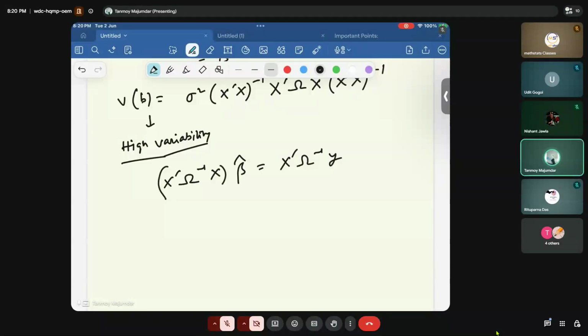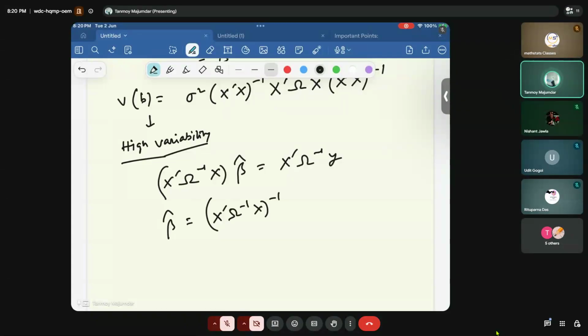Okay, both side में ये normal equation था बस omega inverse नहीं था last दिन जो सिंपल केस में होता है. तो बीटा हैट जो इसका जो एस्टिमेट आएगा दैट विल बी x dash omega inverse x का इनवर्स x dash omega inverse y.